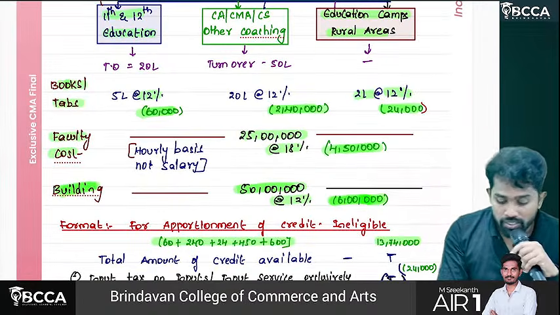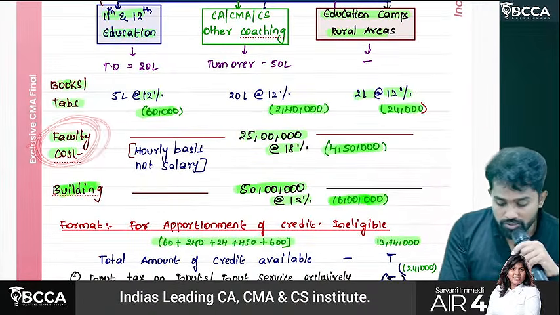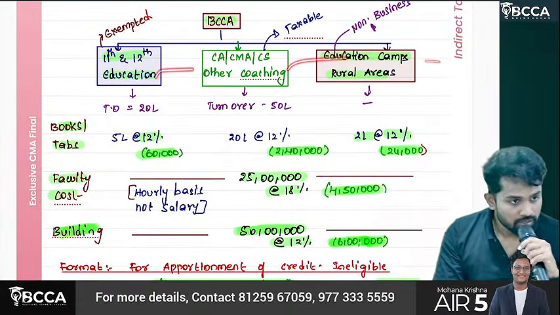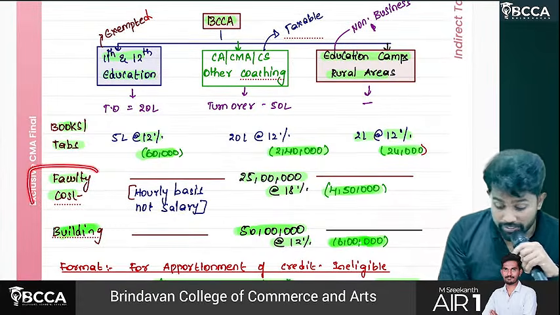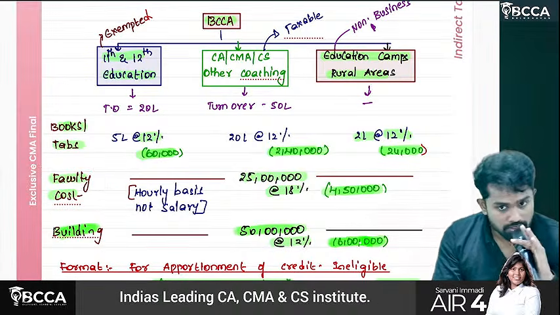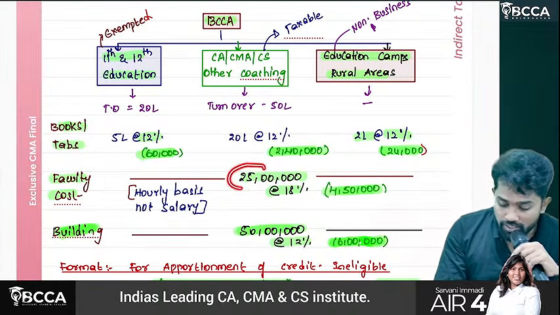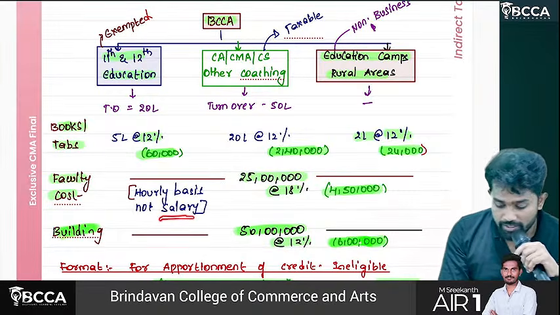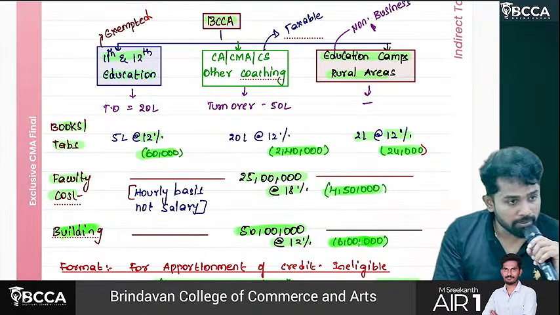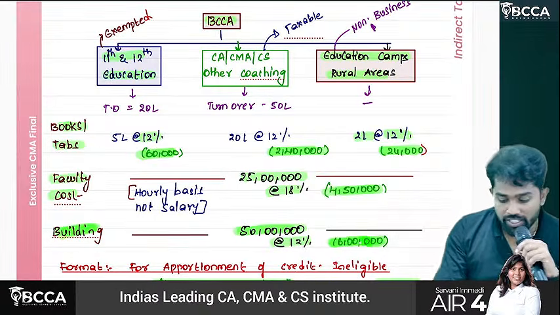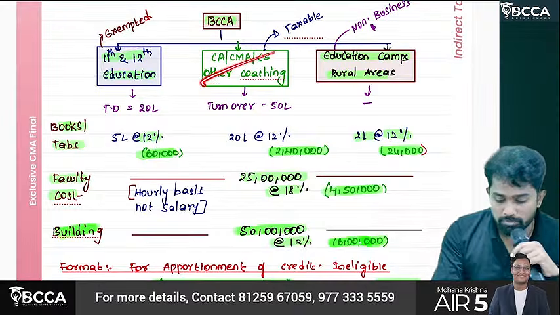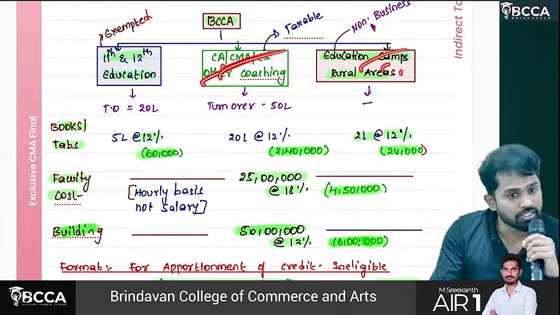Then assume the set of faculty is the same for all three. So the faculty cost is how much? 25 lakhs, sir, and that is not paid as salary. The faculty is paid on an hourly basis and can be allocated to any of these. Someday they will be allocated for 11th, 12th, someday for the coaching classes, and someday for the education camp.